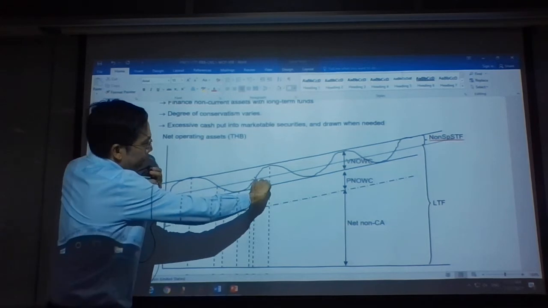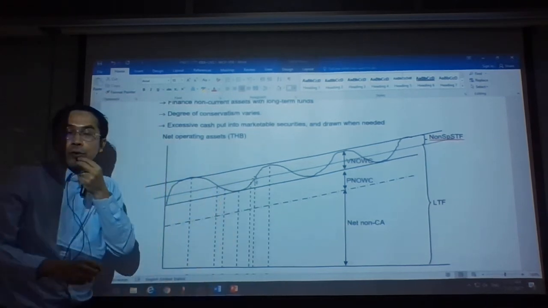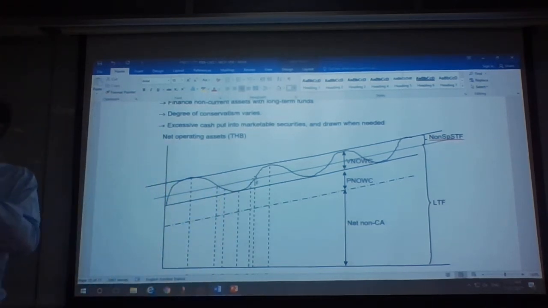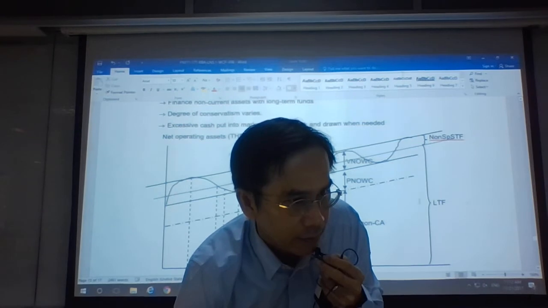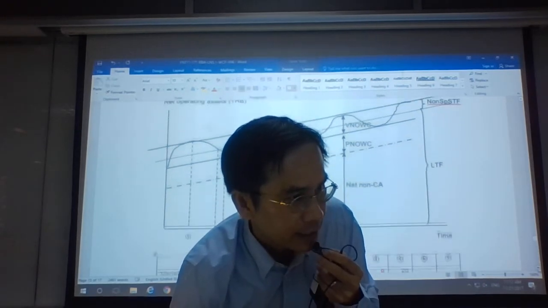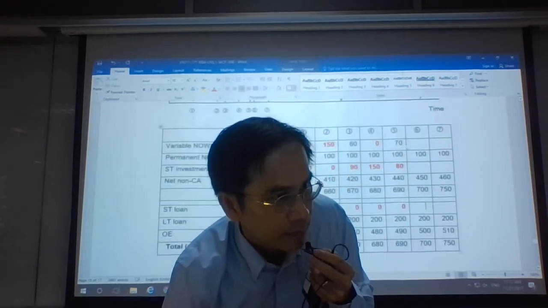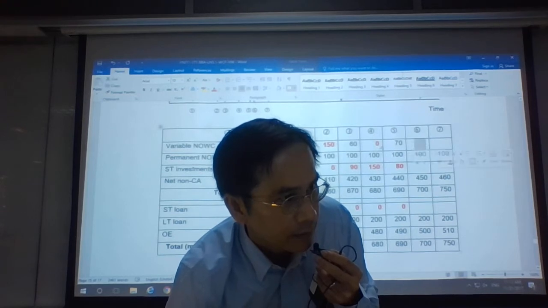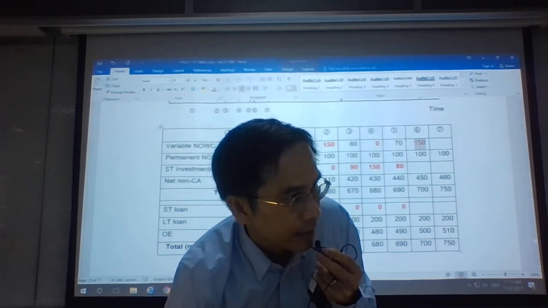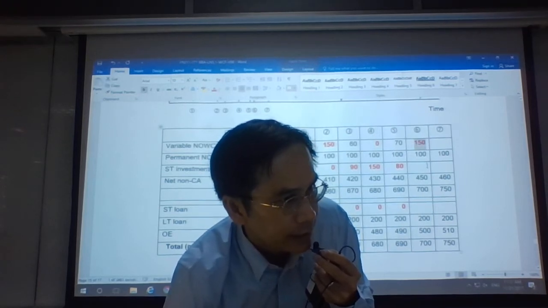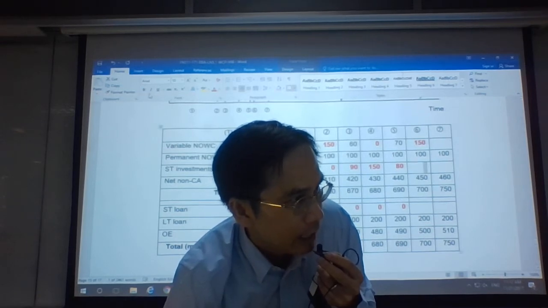You can sell off your marketable securities. So at point 6, your marketable securities should be 0. Your short-term loan should be 0 too. Okay? So at point 6, this is 150. The point is that, how do you know?